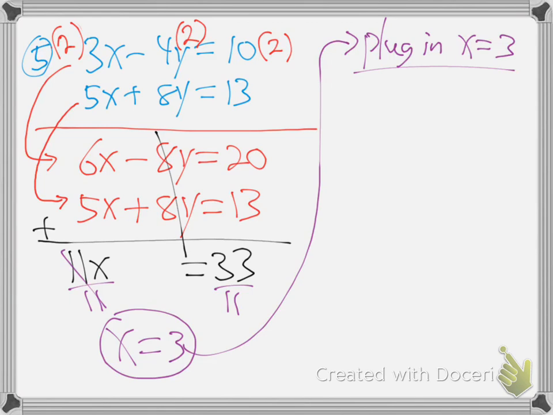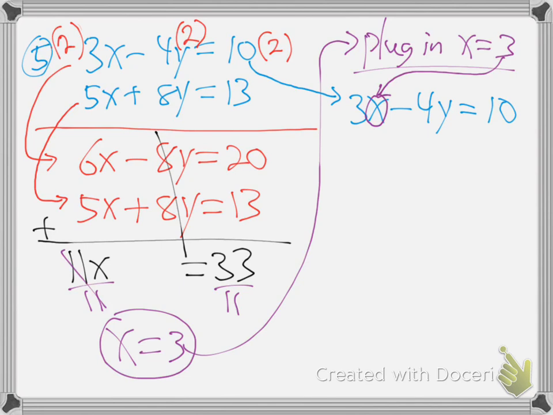So I'm just going to grab the top one. That's what I usually do. 3x minus 4y is 10. Grab the 3 and plug it in for x, because it's x is 3, right?